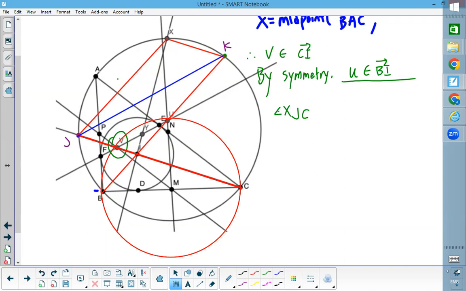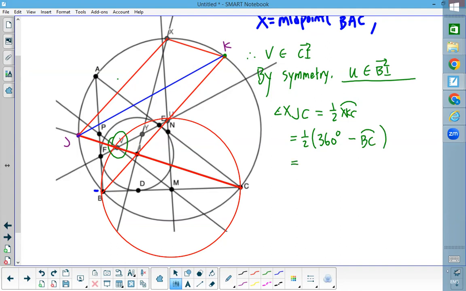What is that angle equal to? Angle XJC is equal to 1/2 of the arc XKC. But you know that X is the midpoint of the major arc, so you can write that arc XKC is equal to 360 minus the arc BC.